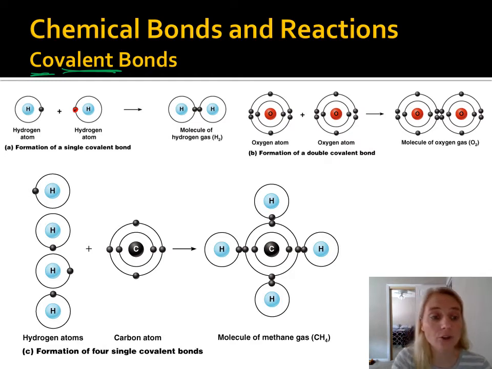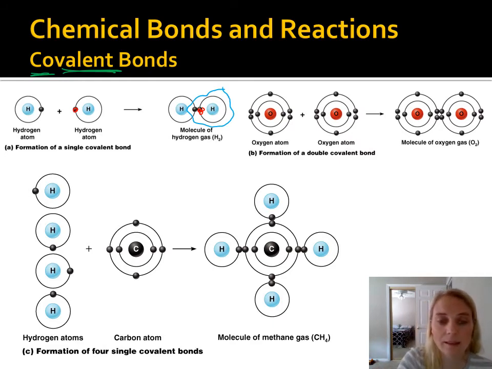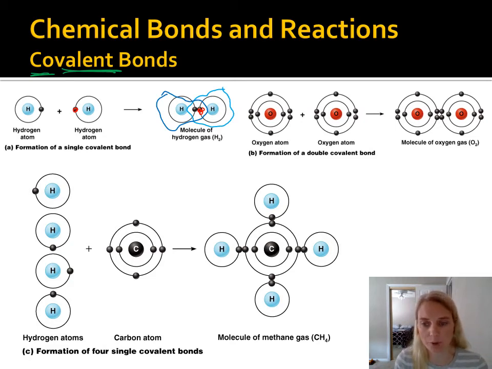If we have 2 hydrogen atoms, each with 1 electron in their valence shell, they can share those electrons, right? So now there's 2 electrons. This hydrogen nucleus says, hey, I've got the energy of 2 electrons around my nucleus. And this hydrogen is saying the same. We're both happy.